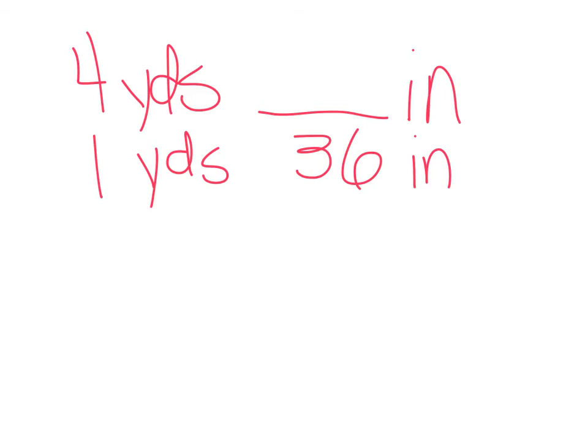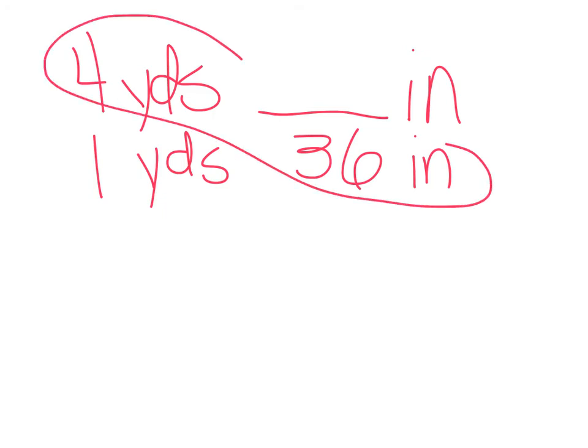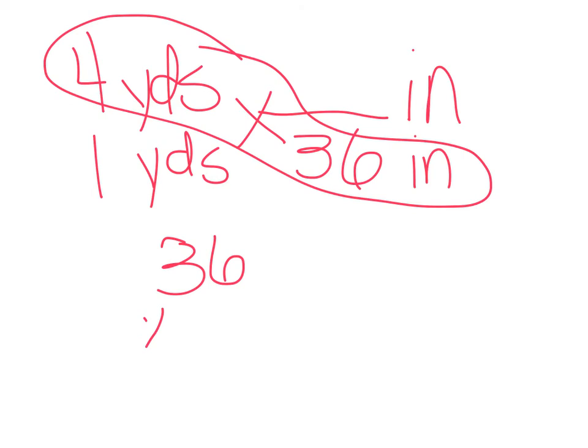Well, if I divide 4 by 1, is it going to help me out at all? No. So I'm going to reach across. So what do I know that I need to do? Multiply. Okay. So we're going to say 36 times 4. What's 4 times 6? 24.